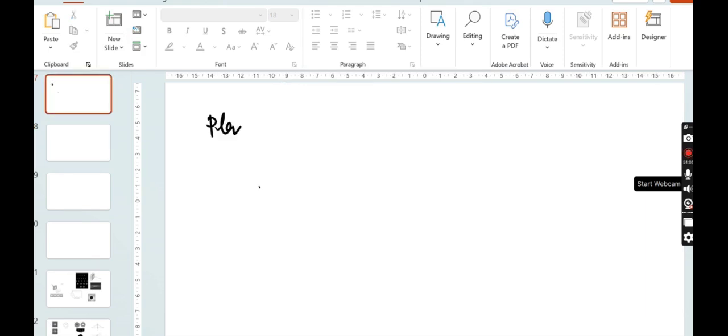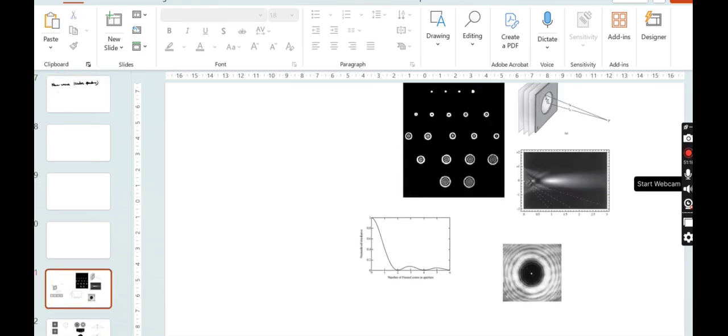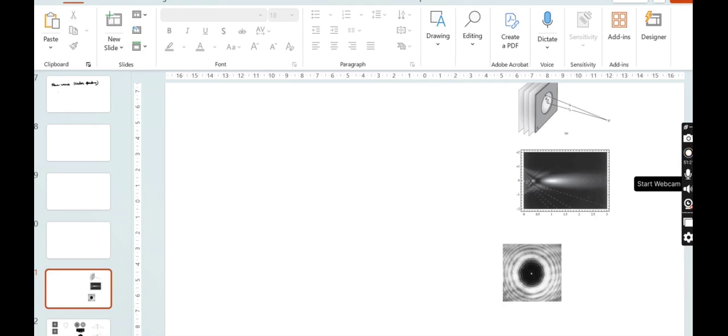Now we go to plane waves. Circular aperture, but plane wave. Then the system will look like this.